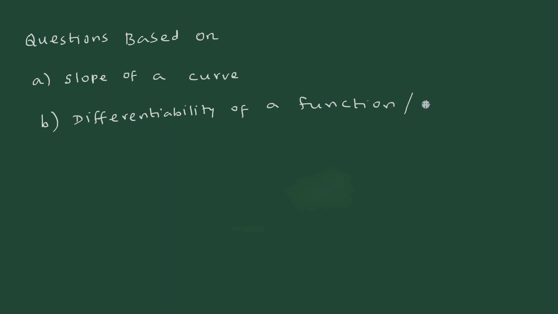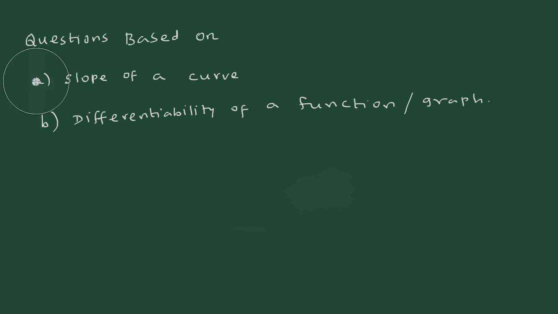This function is only drawn as a graph. Therefore, when we say differentiation of a graph, we are actually talking about the differentiation of the function. Both the questions will be very simple. We will see what the concepts are.